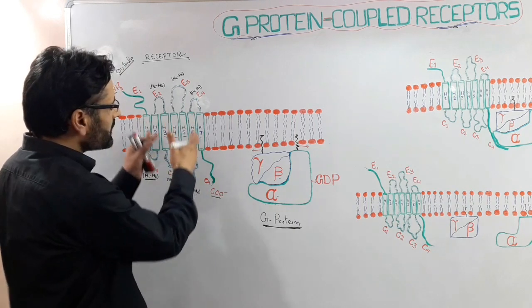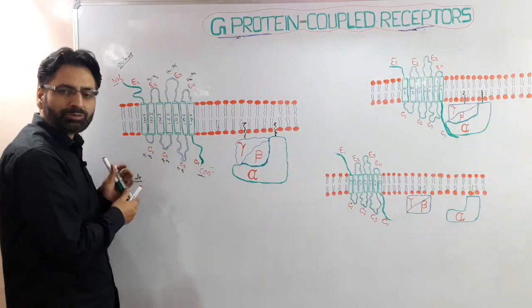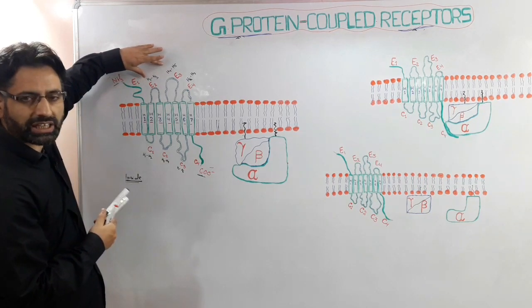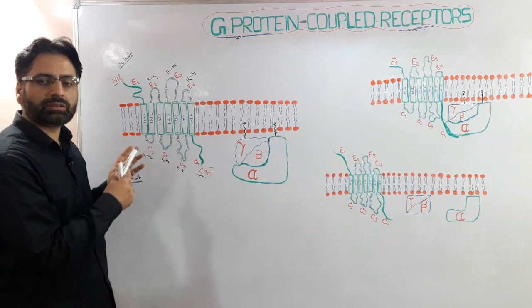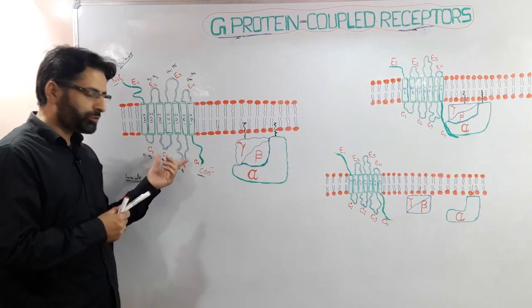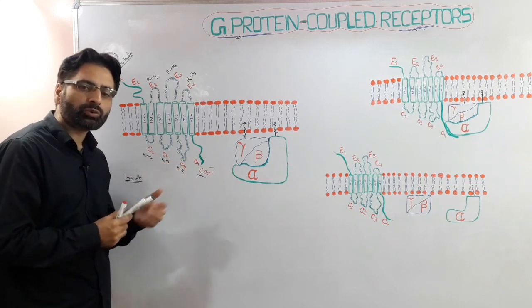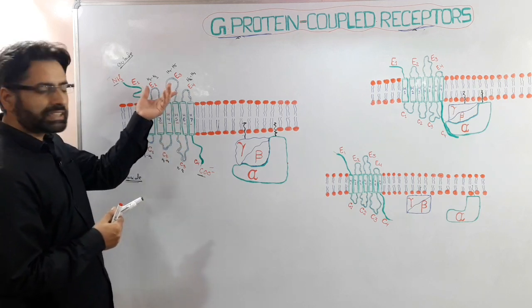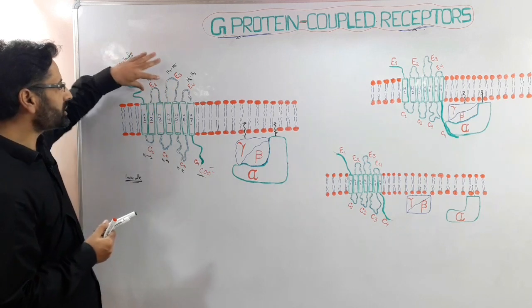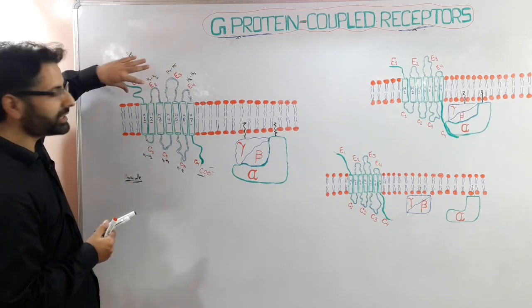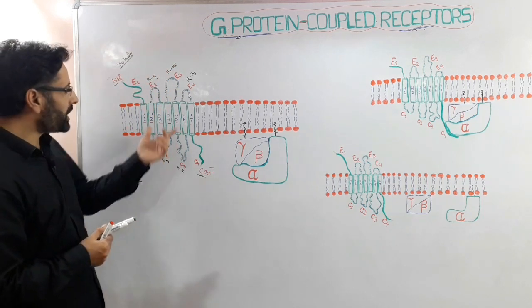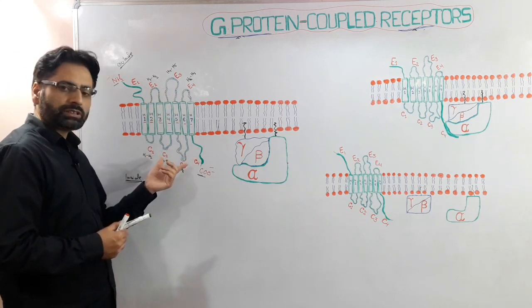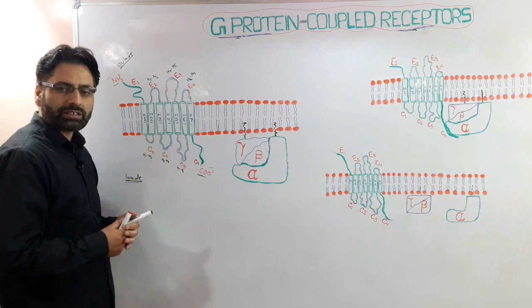This is the transmembrane protein, and as a transmembrane protein, it has segments that are in connection with the extracellular side of the cell, and segments that are in connection with the cytoplasmic side of the cell. As a transmembrane protein, it can easily receive the signal from the extracellular side through these domains, and it can pass the signal into the cytoplasm through the domains present on the cytoplasmic side.